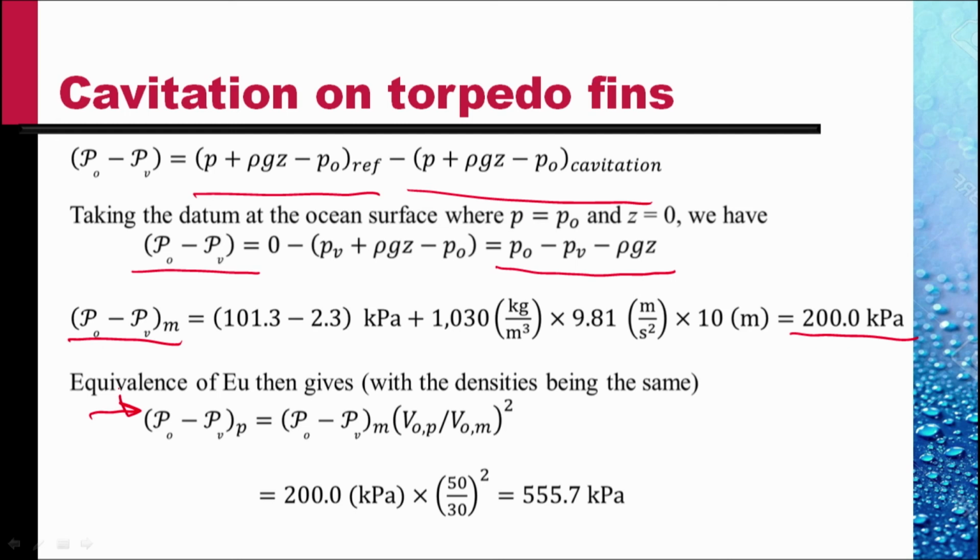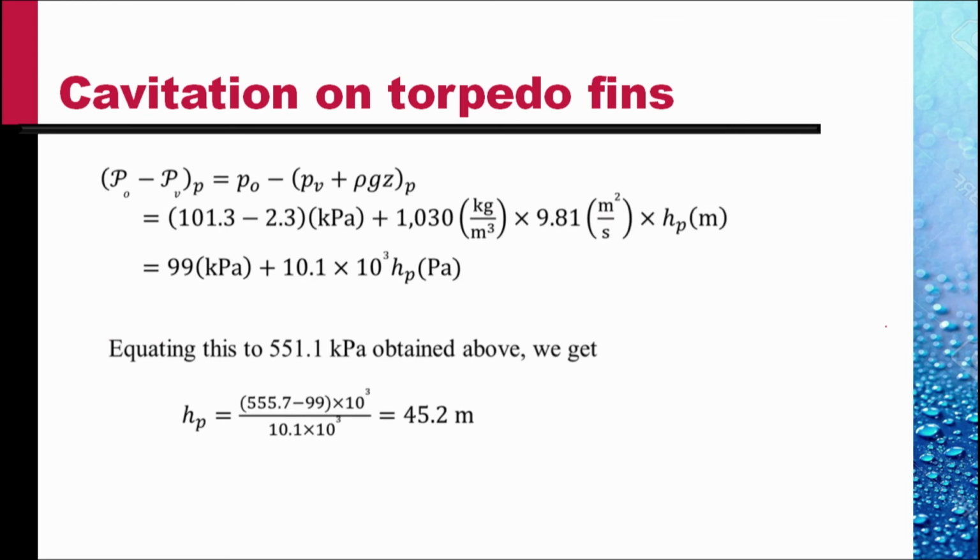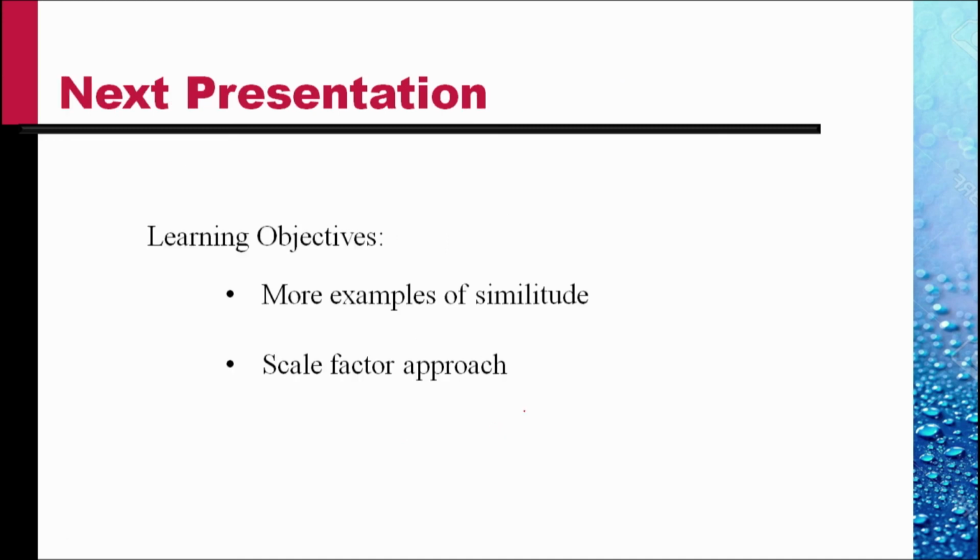And this gives you that the characteristic pressure difference in the prototype should be 555.7 kilopascal as against 200 kilopascal in the model. And this is obtained at the depth of 45.2 meters. Thank you very much.